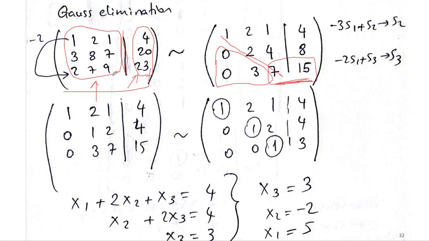Okay? And in order to do that, we prefer to have the leading term in the first row of this matrix equal to 1. If we can get this equal to 1, and in this example it is already given as 1, so we don't need any extra operations here, it is already equal to 1.